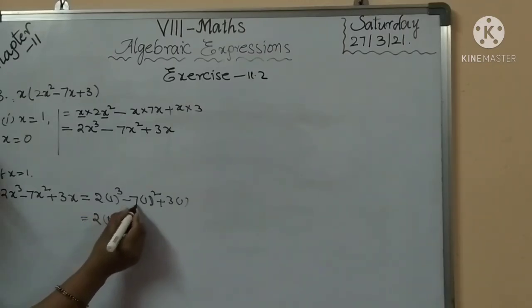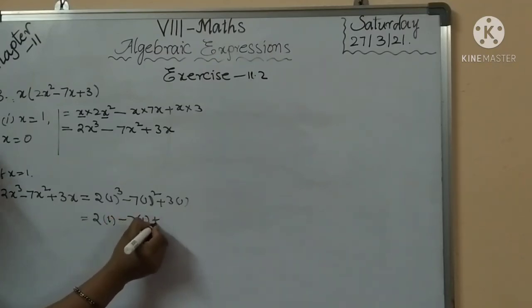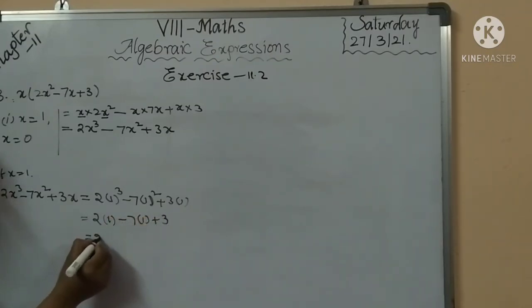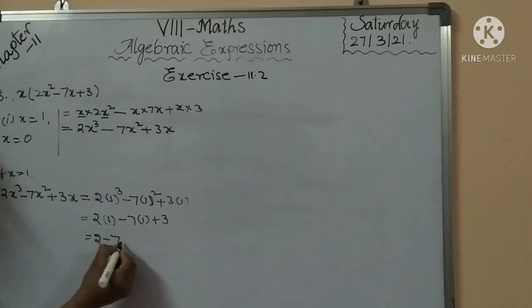So 2 into 1 minus 7 into 1 plus 3. 2 ones are 2, minus 7 ones are 7, plus 3. 2 plus 3, 5, minus 7 equals minus 2. Understand? 5 minus 7 equals minus 2.